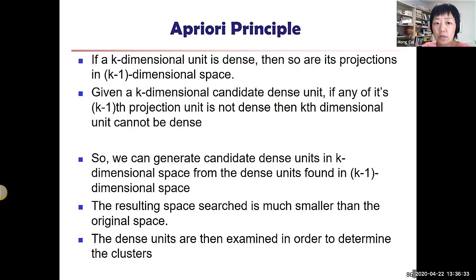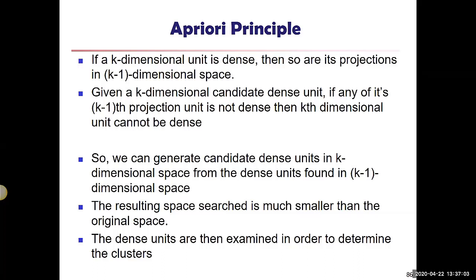To review what the Apriori principle was, I think this is the third time we see it. When we apply the Apriori principle here, the idea is still very intuitive. If a k-dimensional unit is dense, then all its projections into lower dimensions have to be dense. Does that make sense? Yeah, it makes sense.